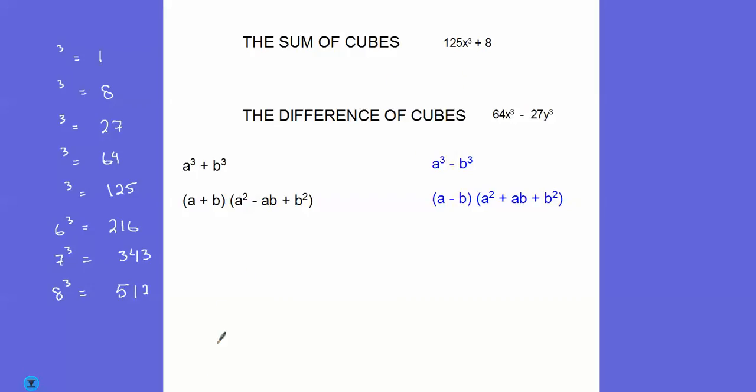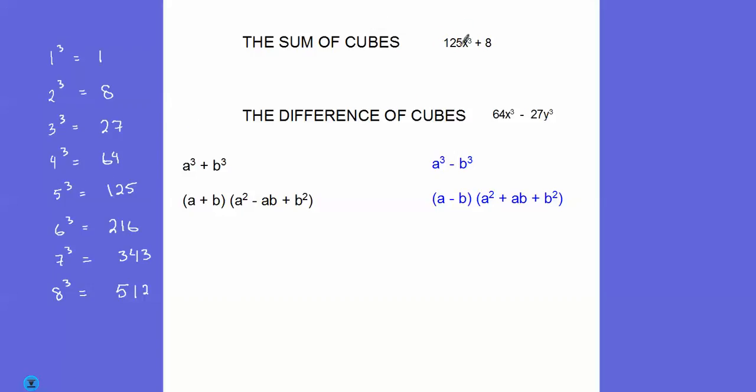So if I were to work with 125x cubed, I'm going to look in my list and I'm going to see, oh, the numbers disappeared. Hold on. Sorry about that. The bases for the first several disappeared. I'm going to notice that 125 is actually 5 cubed.